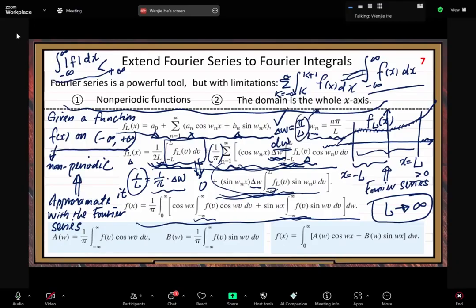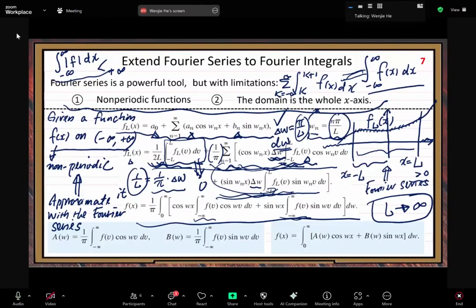So we use this very small quantity, the differential dw, to represent that. Then Wn x: remember n is a variable, right?